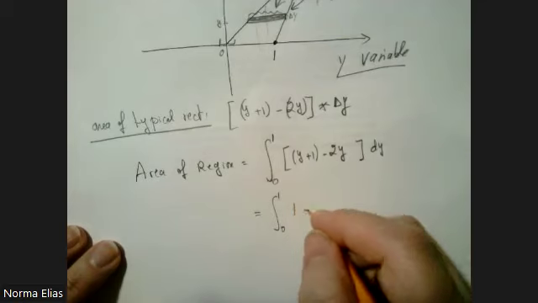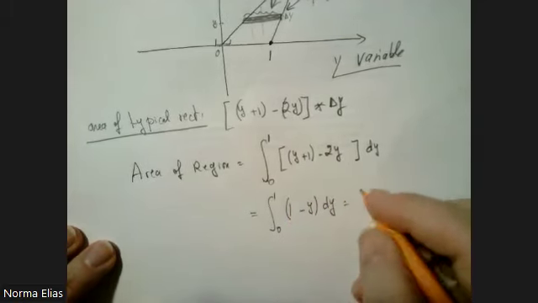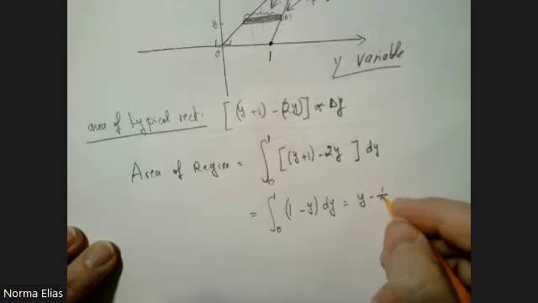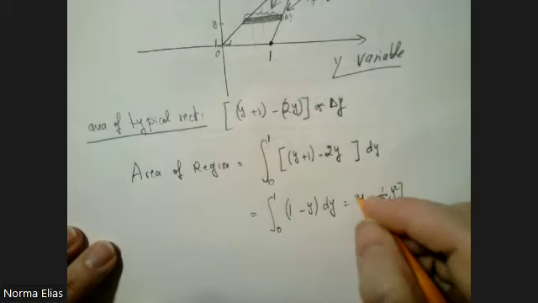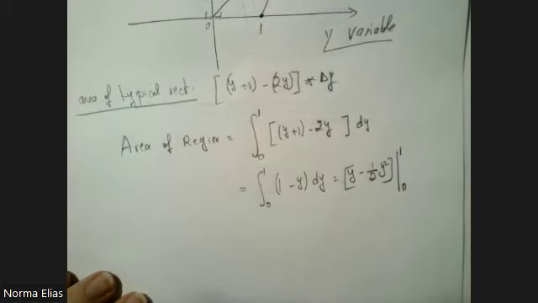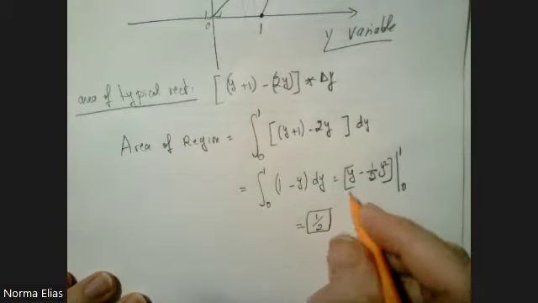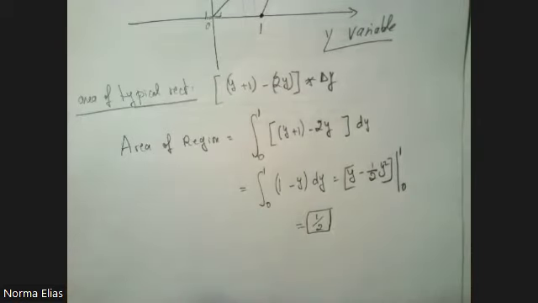I will get 1 minus y dy, which is y minus a half y squared between 0 and 1. So finally, this is going to give me a half, I think. All right.